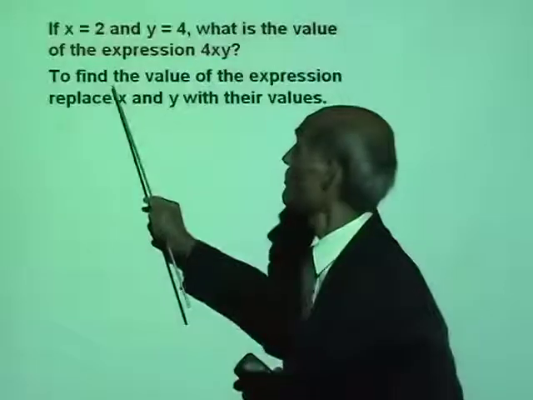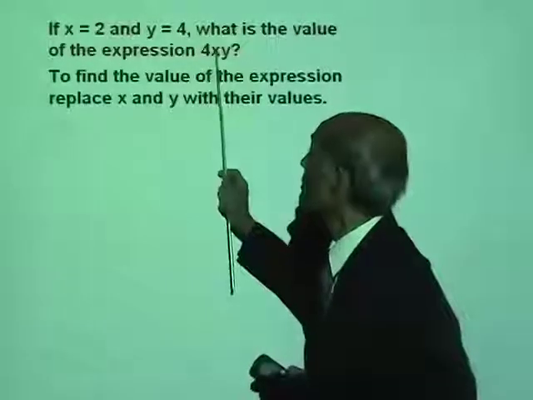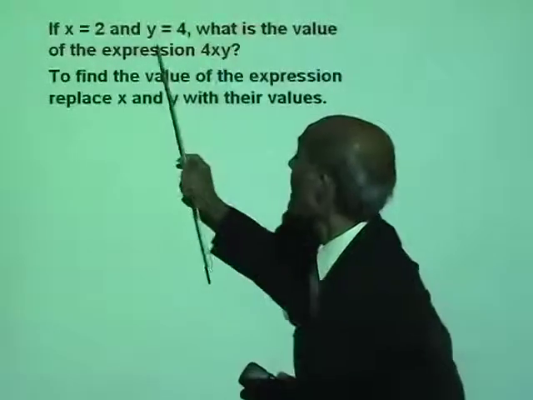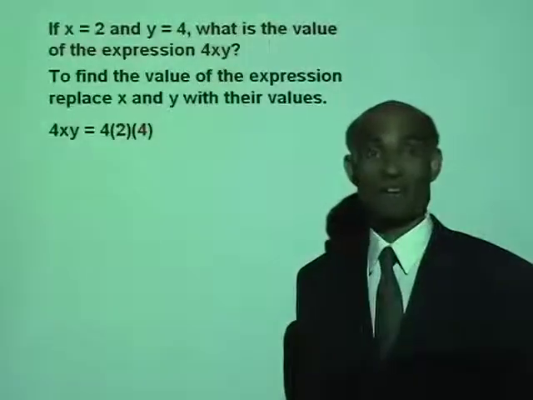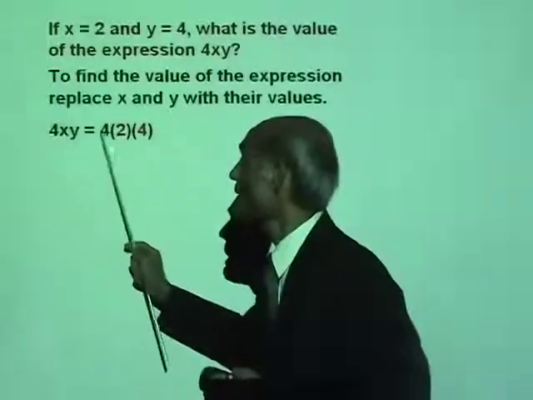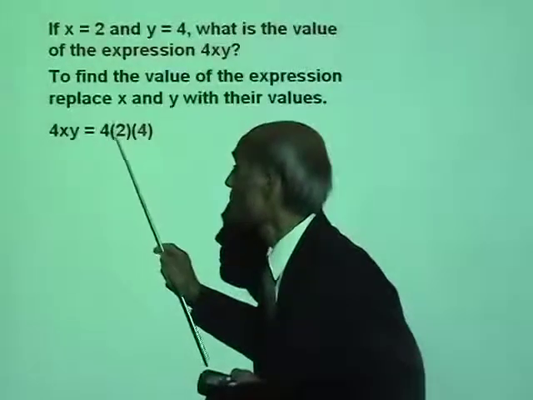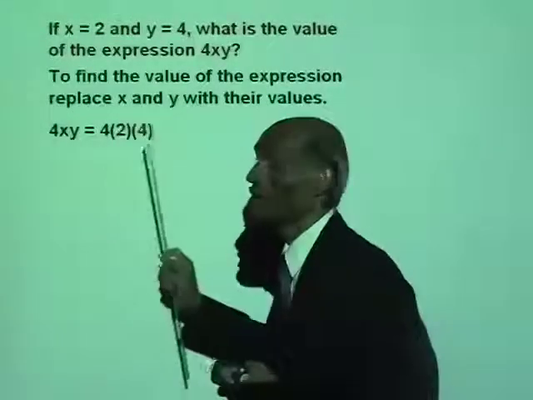Alright, so to find the value of the expression, we replace x by its value and y by its value, and then find the expression's value. So for xy equal to, look at the way I replace. X is replaced by 2 and y is replaced by 4.